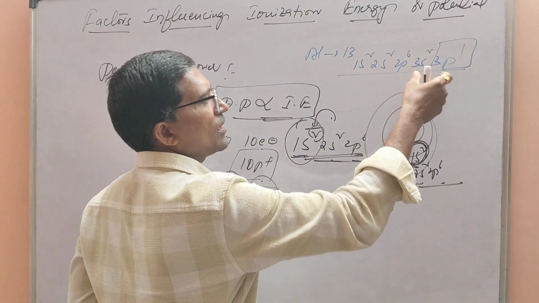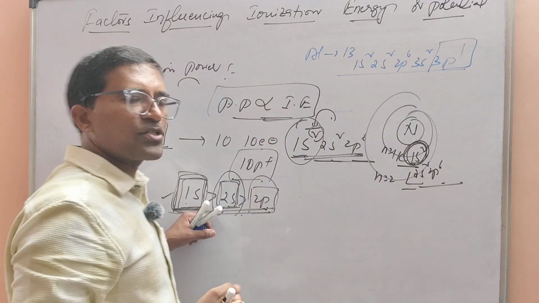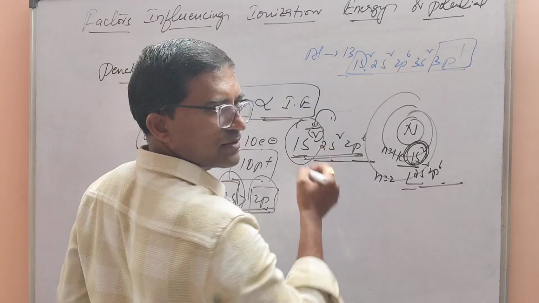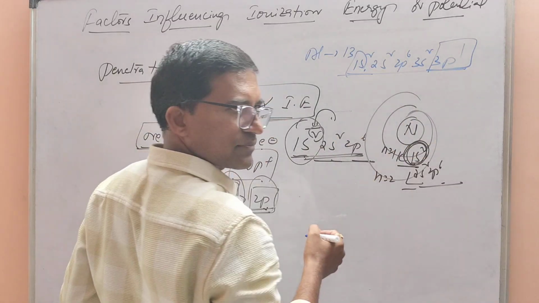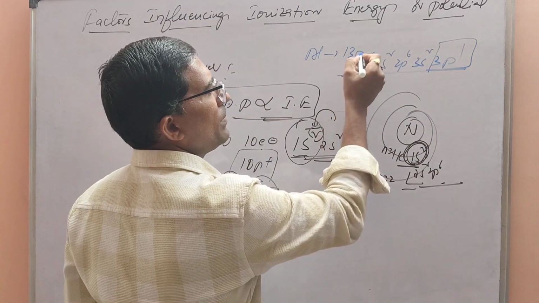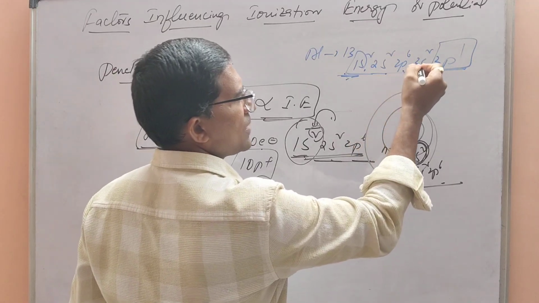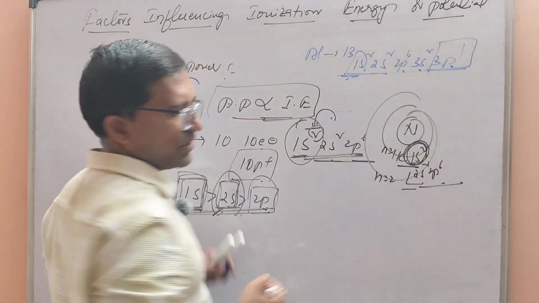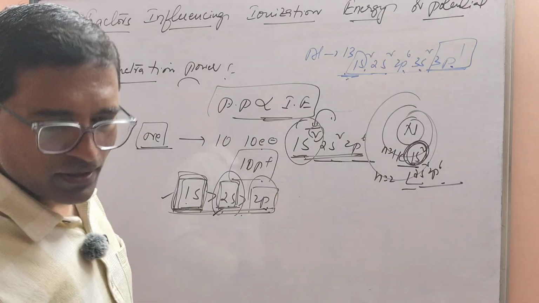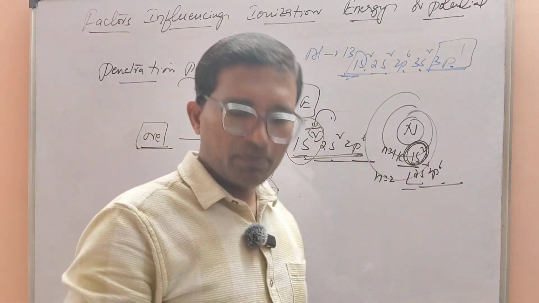To remove the electron from which orbital do you require more ionization energy? 1s. Least is 3p. After 1s, you require a little bit less energy for 2s, still less for 2p, still less for 3s, still less for 3p. Okay, I hope you all are understanding quite comfortably.